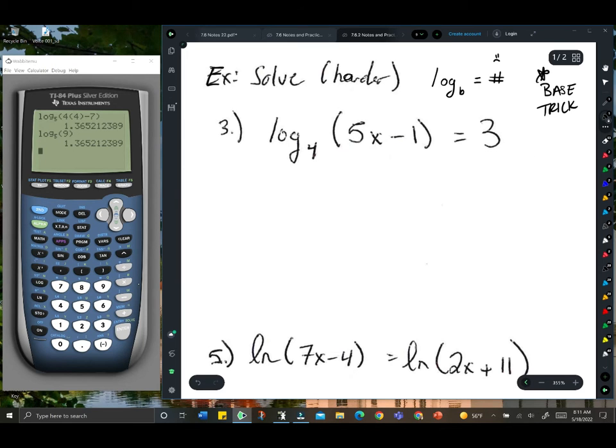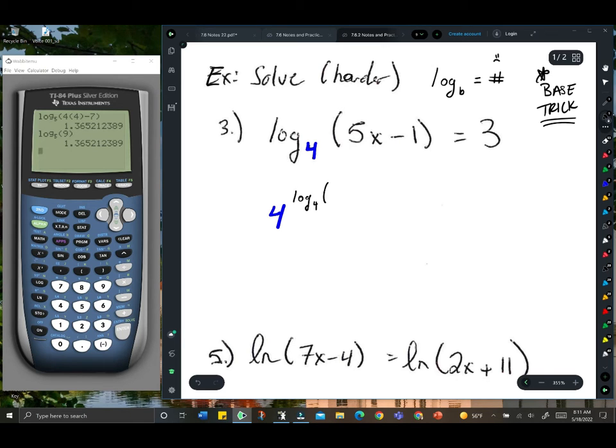In number 3, we have a log base 4 on the left, but no log on the right. We can't just add a log in there. That's not really going to help us, but instead we're going to use this base trick. We know what the base of the log is, and that's a 4. So we make two equations, and we raise everything as an exponent.